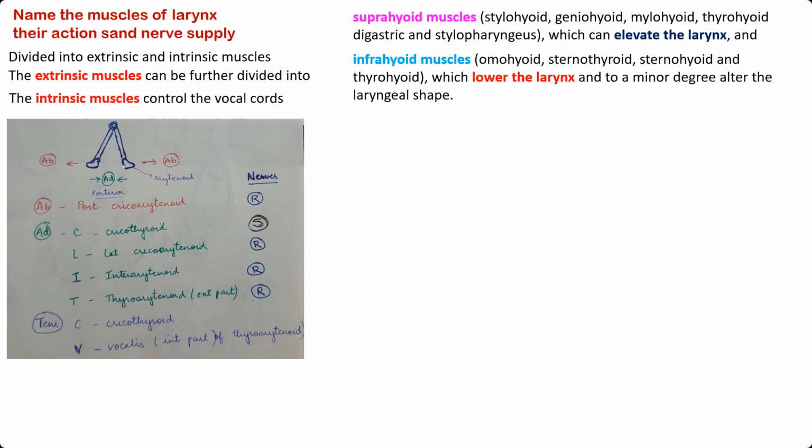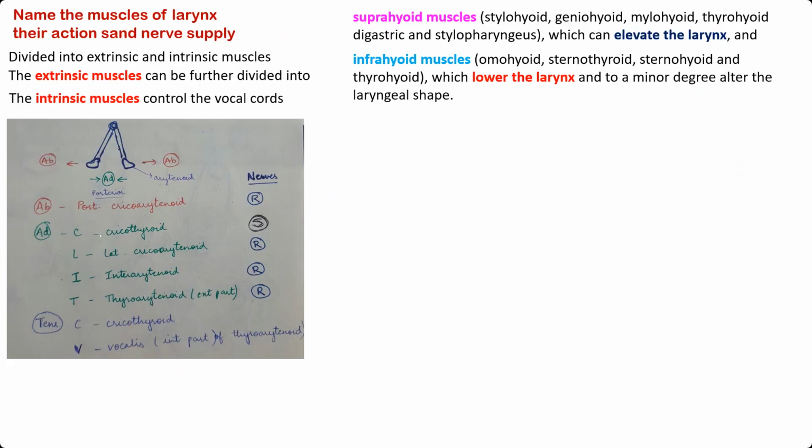And while you speak or phonate, this has to relax and tighten. That is called tensor. Okay, so three actions: abduction, adduction, and tensor. So the only abductor you have is the posterior cricoarytenoid. There is only one muscle to separate the vocal cords during inspiration or any deep inspiratory effort.